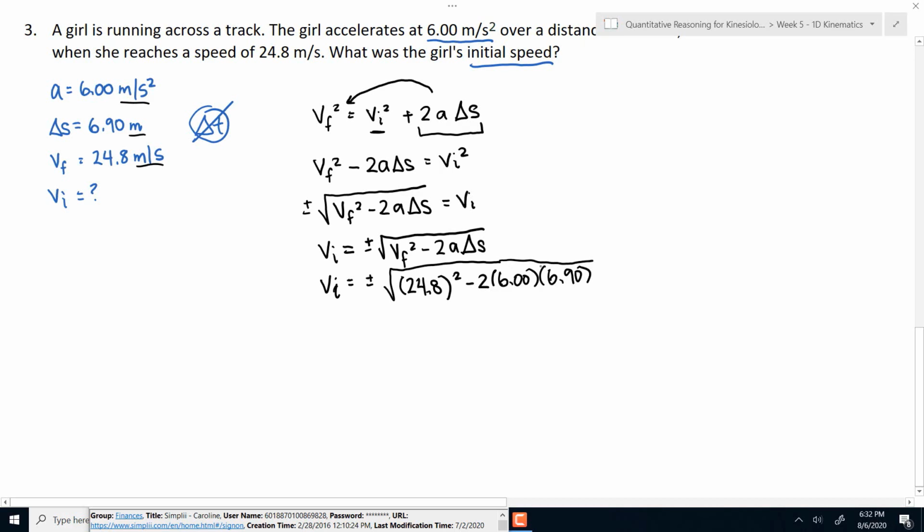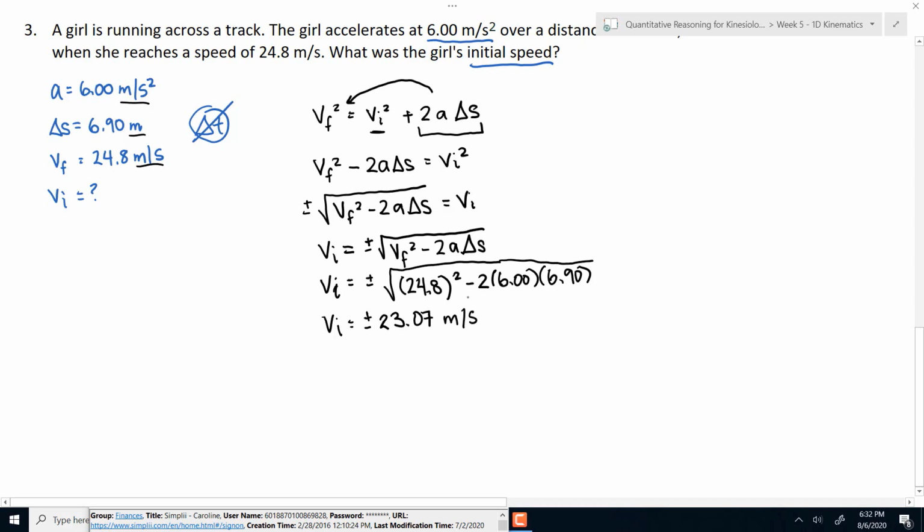I just put the final answer with units. So now I'm just typing this on my calculator, the square root of 24.8 squared minus 2 times 6.00 times 6.90. And I get V initial is equal to plus or minus 23.07, and the units for that would be meters per second.